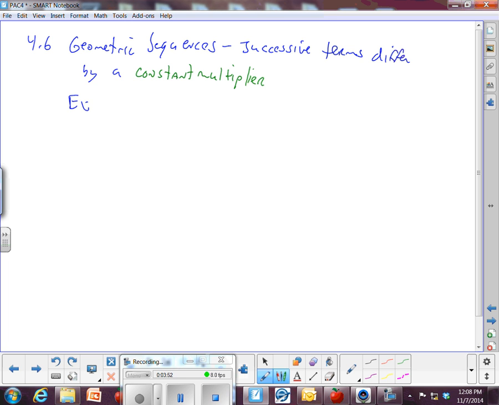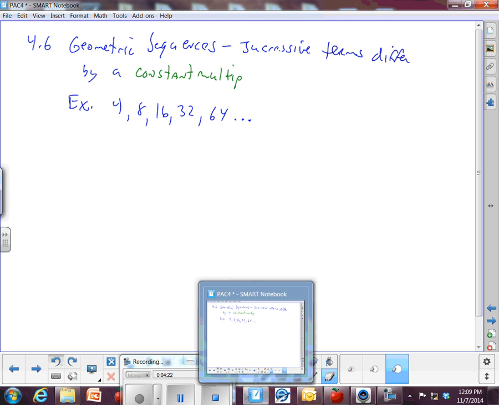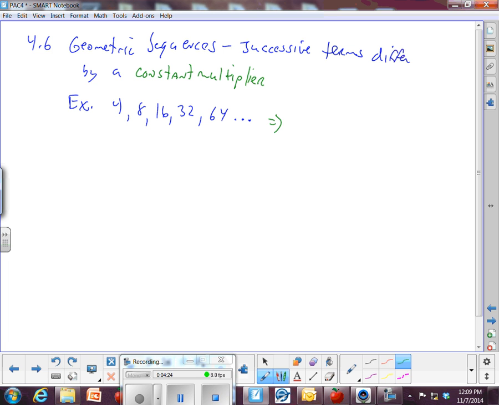So let's do an example, and we'll put that sequence up here. 4, 8, 16, 32, 64, and we'll make it an infinite sequence. And in this one, the constant multiplier, let's just do an arrow from it, in this case is 2, right?